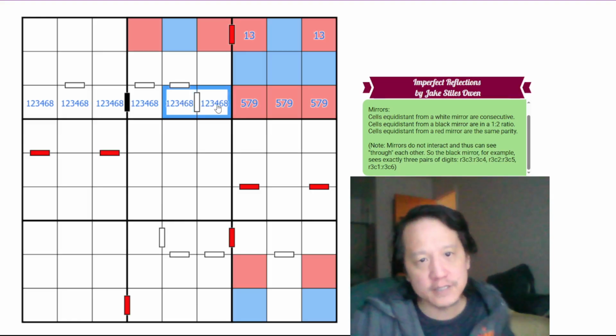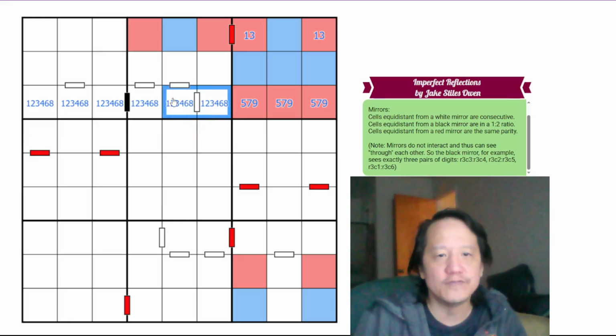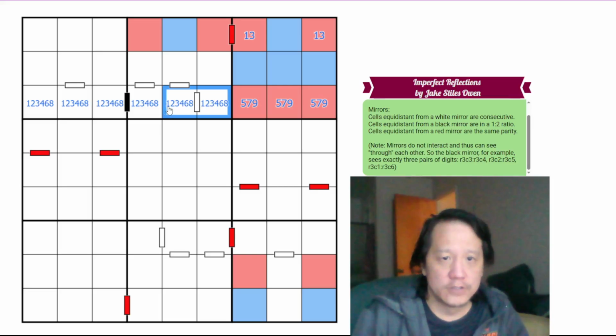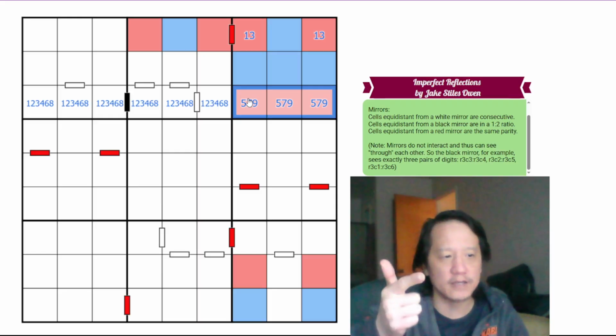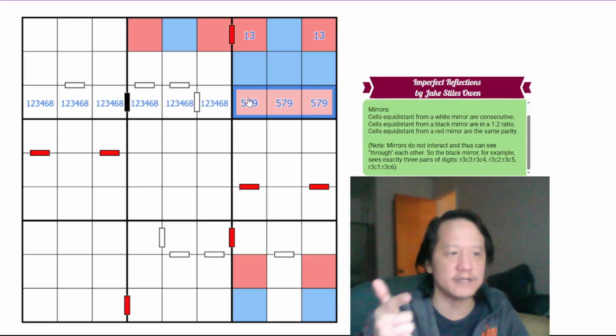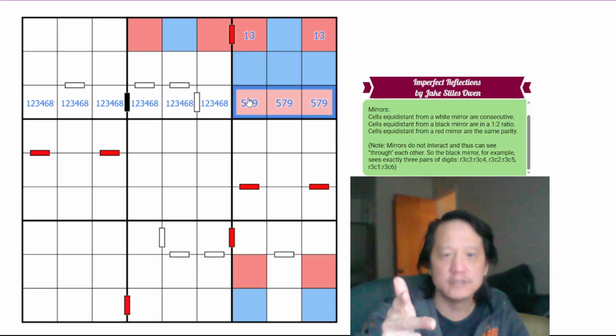Oh, we have consecutiveness here. So next to 5, 7, and 9, 9 has to be guaranteed next to 8. 7 then can only be next to 6 or 8, but 8 is taken, so it has to be next to 6.